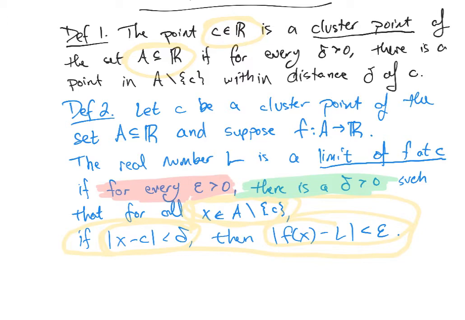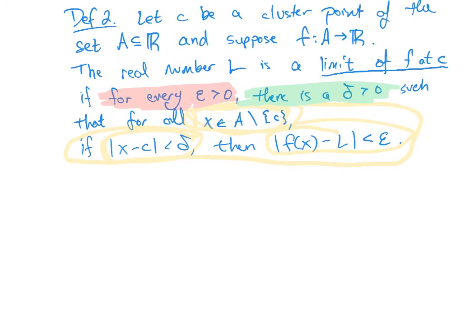Now, I usually don't recommend this, but I'll make an exception this time. If we look at the quantifiers here, what are they? For all epsilon, there exists a delta such that for all x in A minus C, the following holds, and the following is an implication.